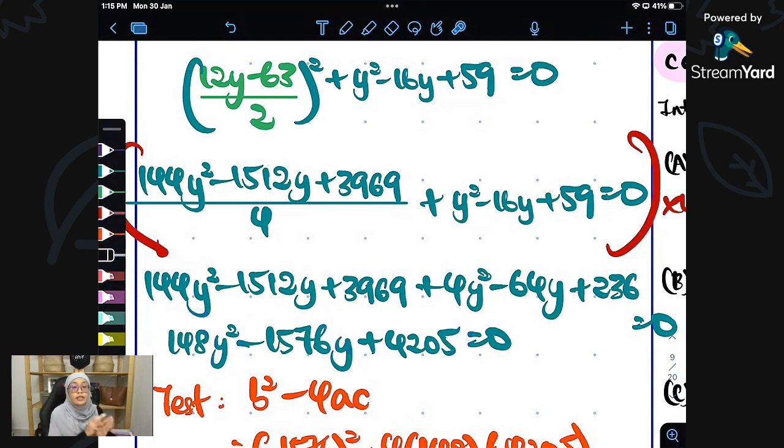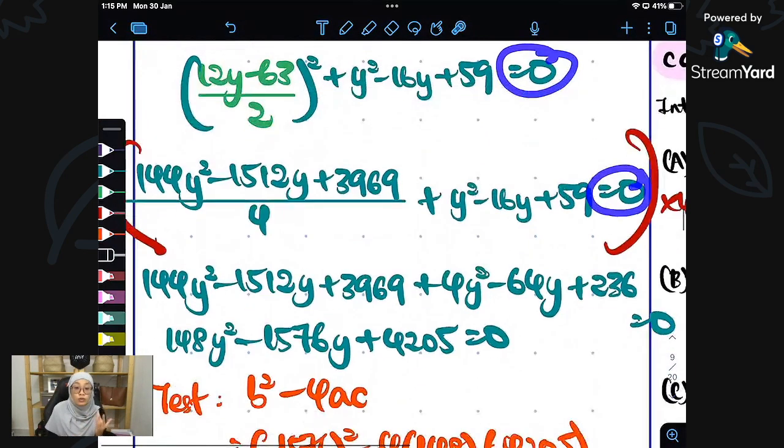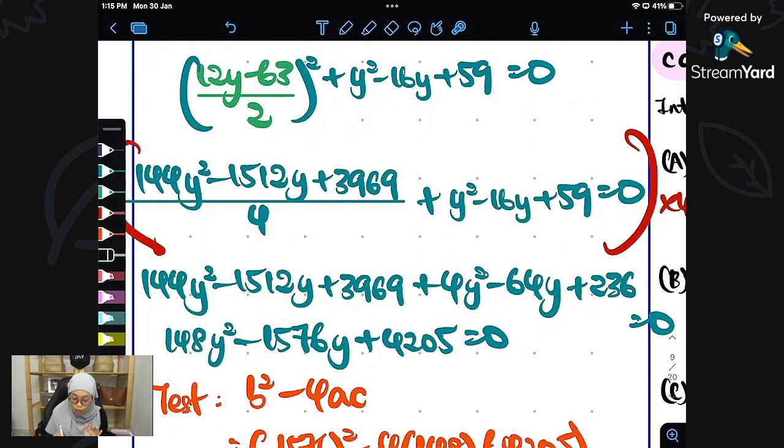But it's okay, you got to try it yourself. You simplify all these things until you successfully find 148y squared minus 1576y plus 4205. And then equal it to 0. Sebab apa? Sebab pada asalnya dia memang equation ni ada kosong. Equal to 0, so make it equal to 0. Follow the steps, alright?